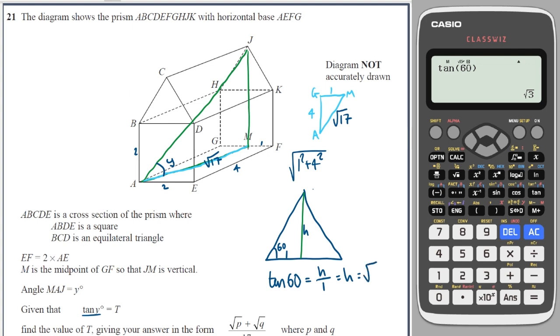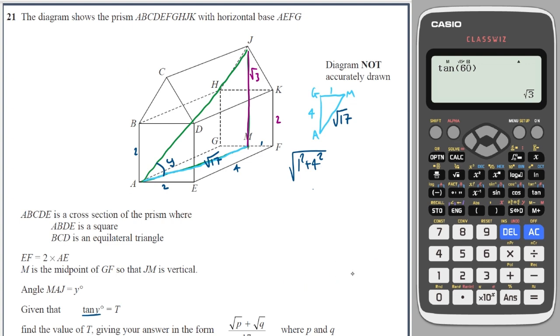So if that's equal to the square root of 3, then the overall height, which I'll draw in purple, is going to be 2 for the square and the square root of 3 for the height of the triangle. So it's going to be 2 plus the square root of 3. Okay, so now we're good to go.